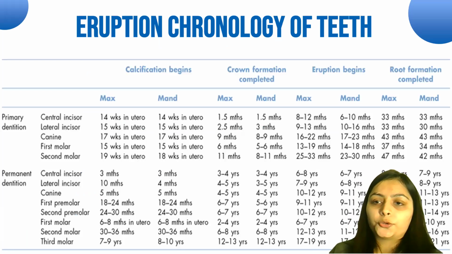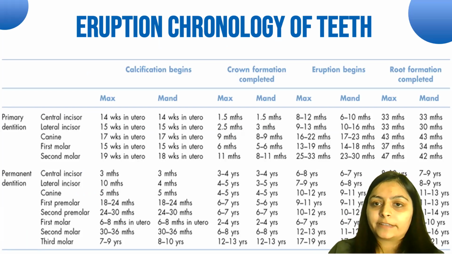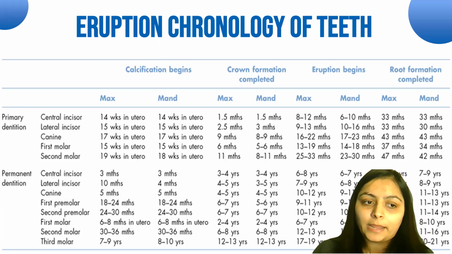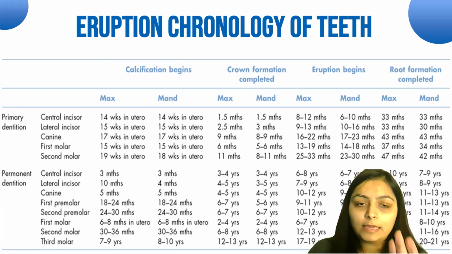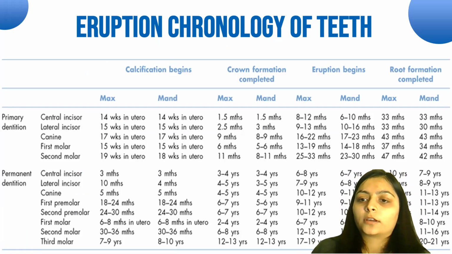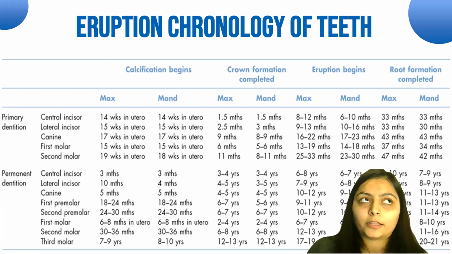This is the table that you need to remember for your exams. This is the chronological table of the teeth for both primary and permanent teeth, along with the time calcification begins and when it is completed, when eruption will start for the particular teeth, and when root formation will be completed. After eruption of the teeth in primary dentition, it will take at least 1 to 2 years on average for root formation to be completed.